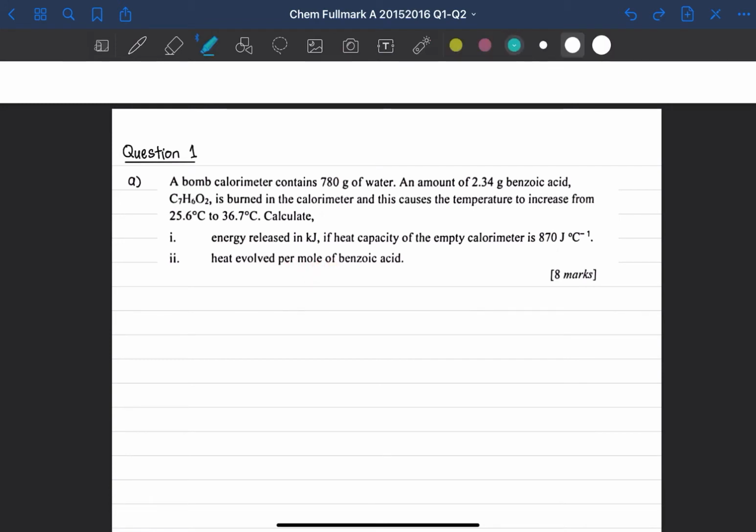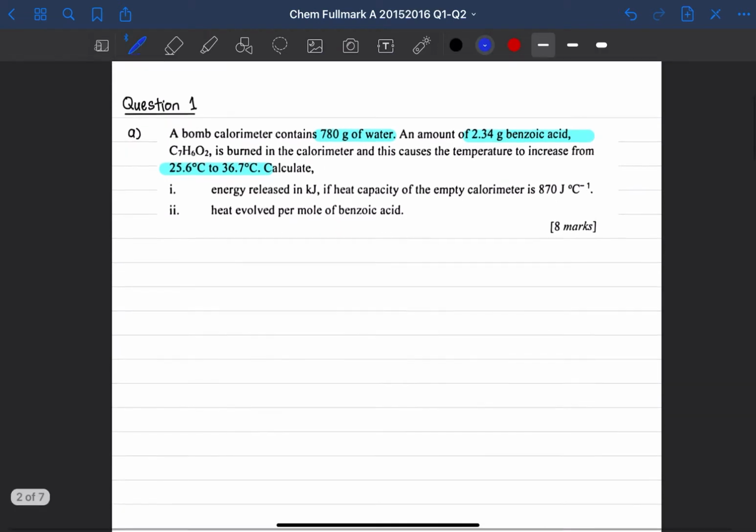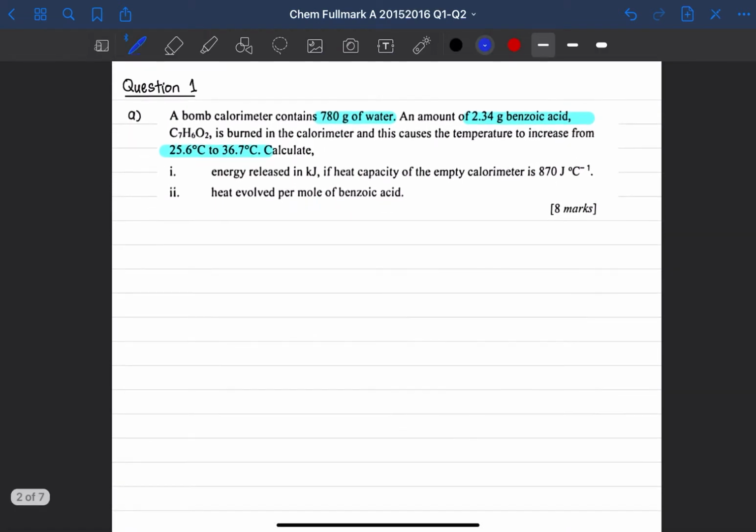Right, so we are given the mass of water 780 gram, the mass of benzoic acid, and the temperature from 25.6 until 36.7. Alright, so how to answer this question?